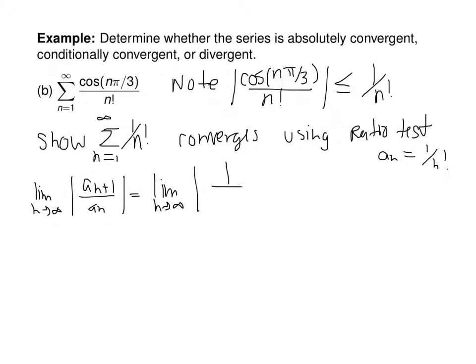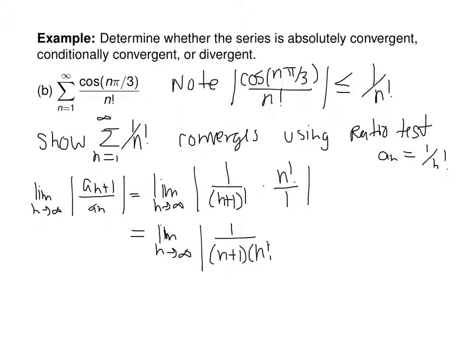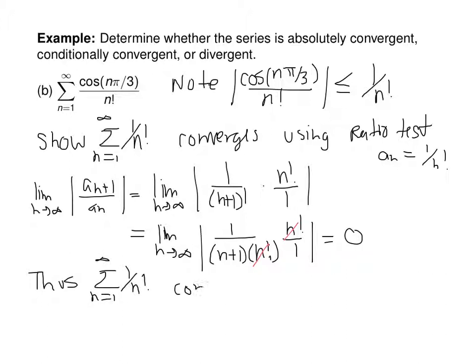So that'll be 1 over n plus 1 factorial multiplied by n factorial over 1. So that will be 1 over n plus 1 times n factorial multiplied by n factorial over 1. And the n factorials cancel, giving you a limit that is just equal to 0. So thus the sum from n equals 1 to infinity of 1 over n factorial converges.